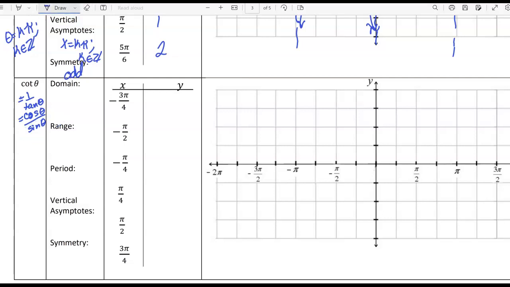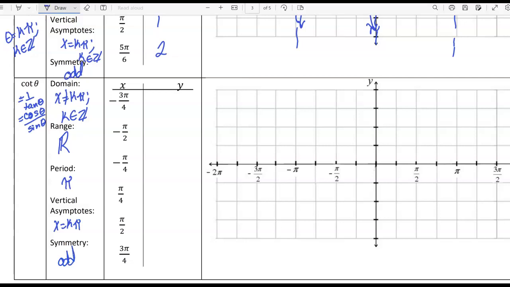And we just talked about that. That happens at integer multiples of pi. The range is going to be all real numbers. Period is going to be pi, just like the tangent. Vertical asymptotes are going to happen at k pi.